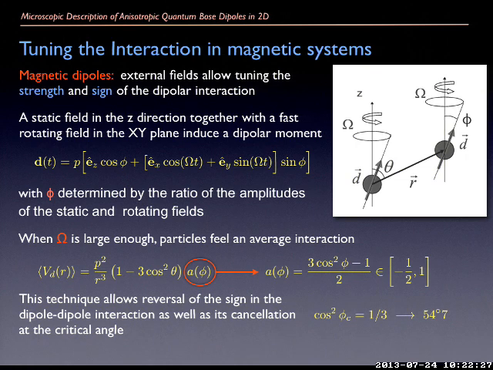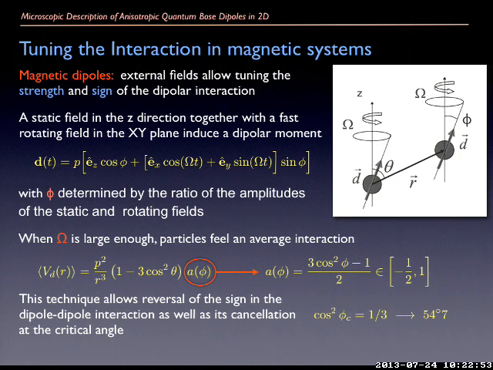Once you put this dipolar moment into the expression of the dipolar interaction, what you see is that on average the dipolar interaction is the thing that we saw before, but multiplied by the time average of the rotating field, which in the end gives you something like (3 cosine squared phi minus 1)/2.